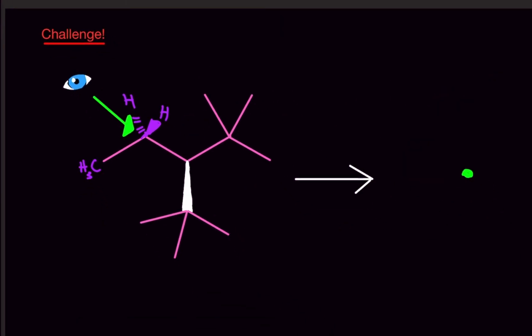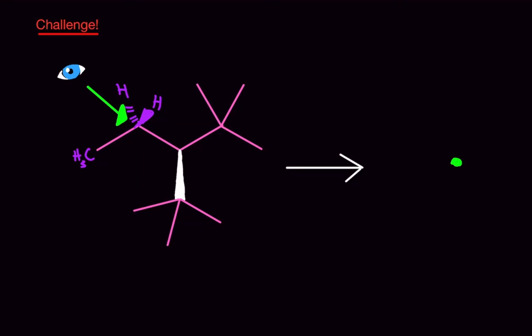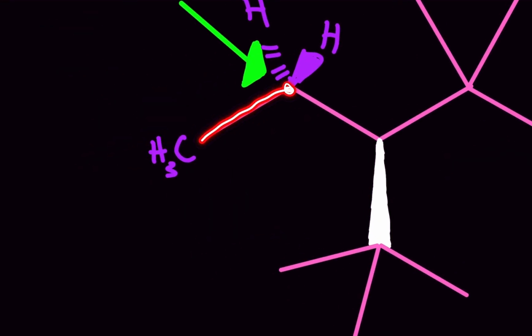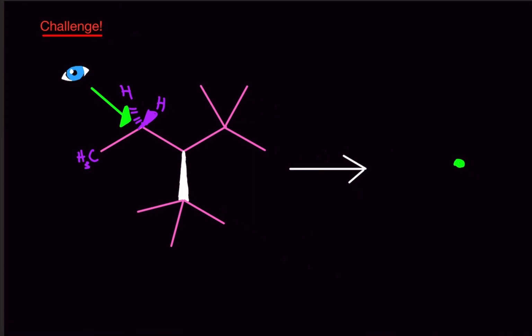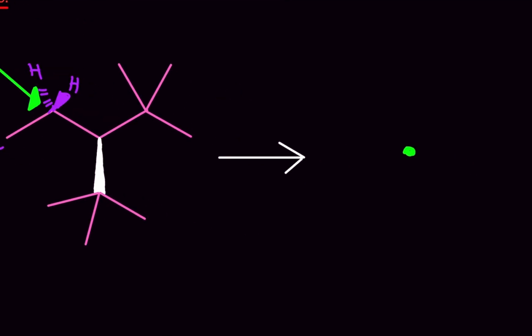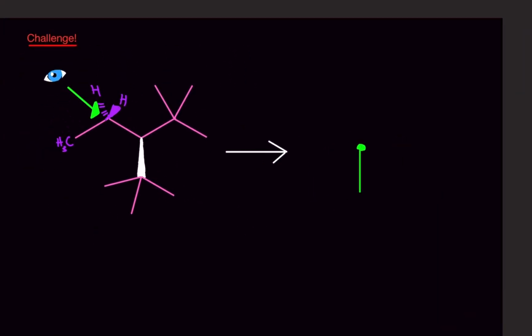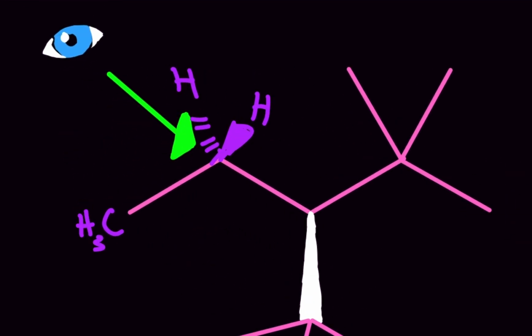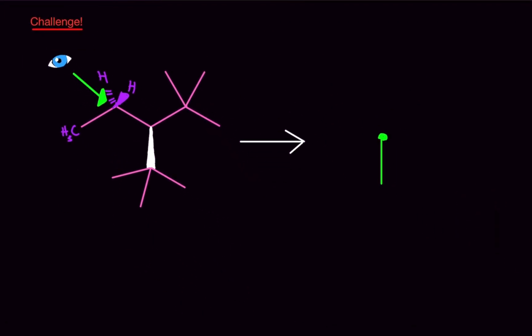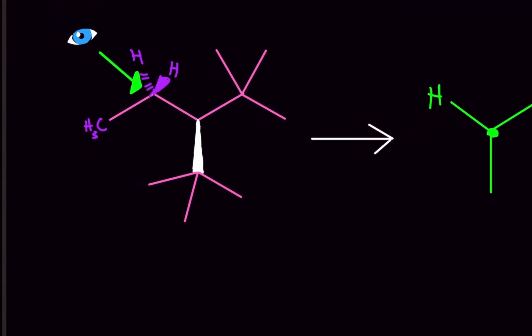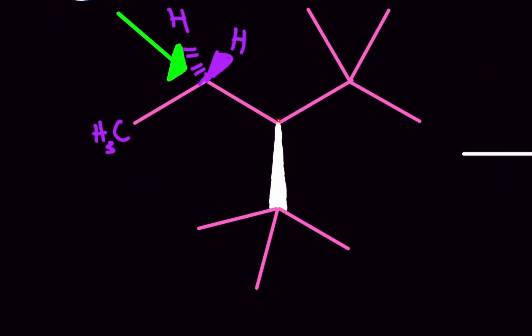Since from this carbon we go straight down at a downhill slope, the methyl group is pointing down. And since we both have hydrogens, it does not matter which one's on the left or the right. So, let's draw that in. Sweet.